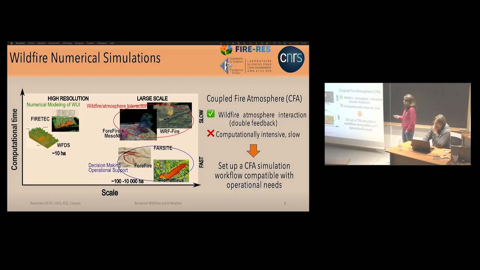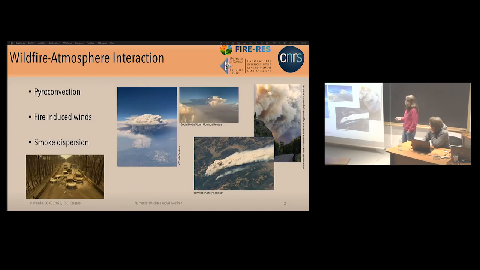Because, of course, we have an actual effect of the developing wildfire on the local meteorology. So we don't just have the importance of surface wind naturally, but we also need to implement a double feedback between the developing fluxes of the wildfire and the local atmosphere.